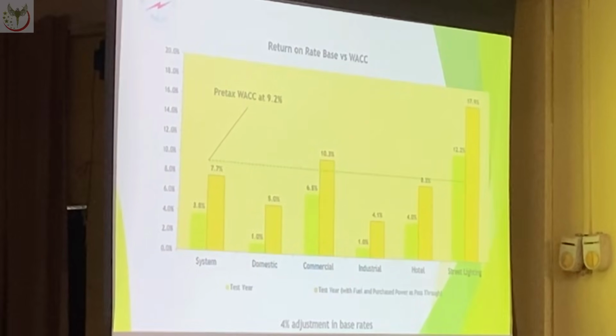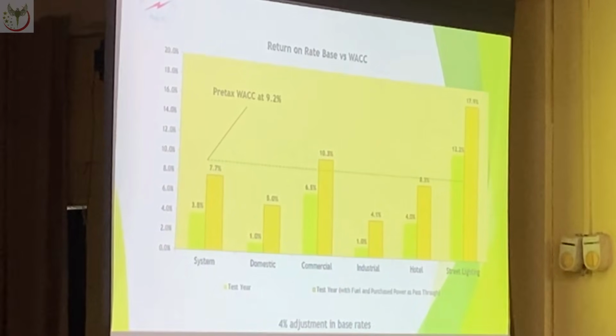Now, if you look at the graph, the first block is the total system. The other blocks are the classes that I spoke about, the different sectors. The dotted line going across is the pre-tax WACC, and that is at the 9.2%.